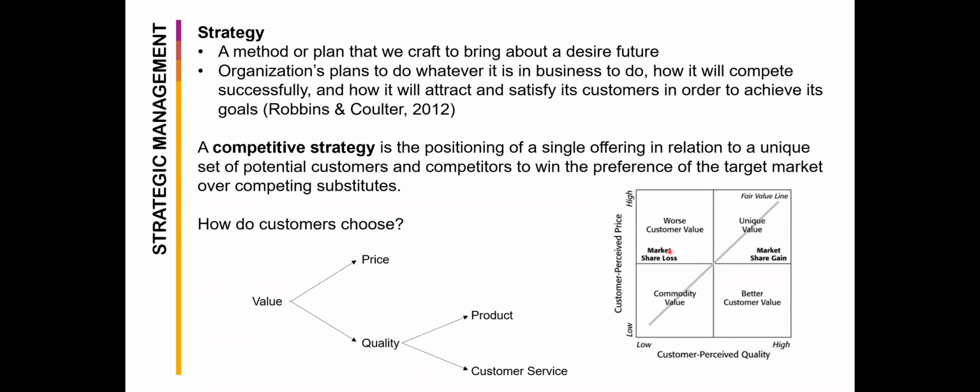So you as a company would steer away from that area. Now, you would prefer to either be here providing better customer value, or you would want to look at your unique value, okay, where your competitive strategy is, to make sure that you deliver the right solution and at the same time deliver them at a reasonable price, based on that quality.